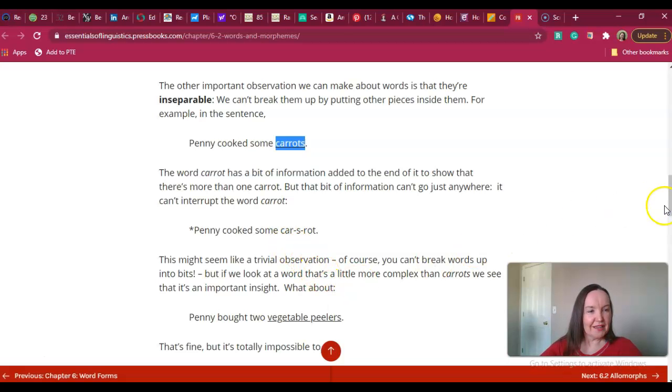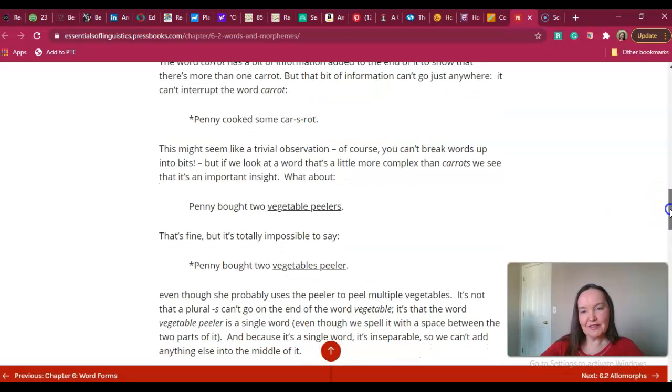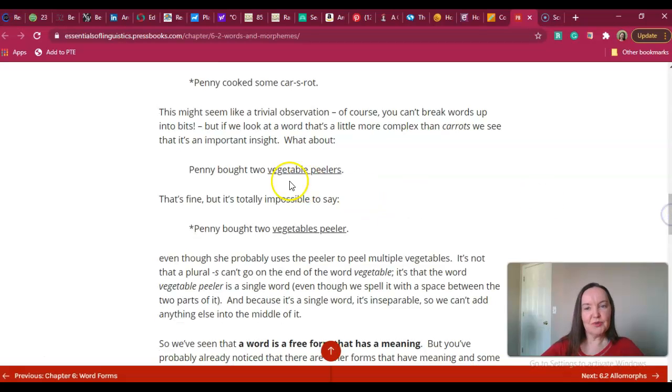So the example underneath is kind of an interesting way of looking at that too. Penny bought 2 vegetable peelers. These seem like separate words, right? So vegetable is almost like an adjective describing the types of peelers. But you couldn't really take that s and stick it on vegetable and say vegetables peeler.